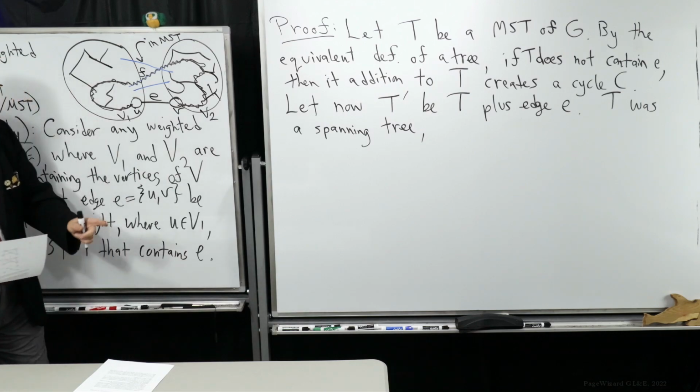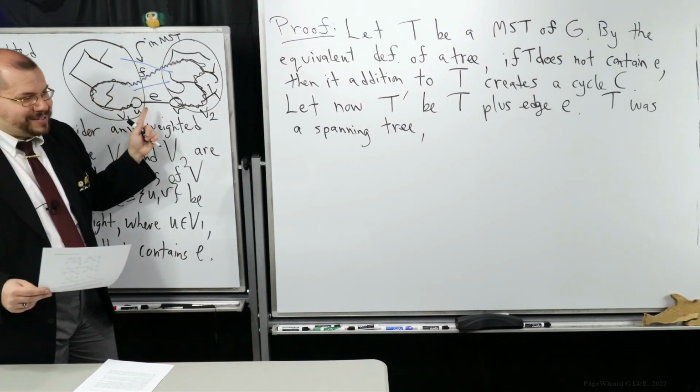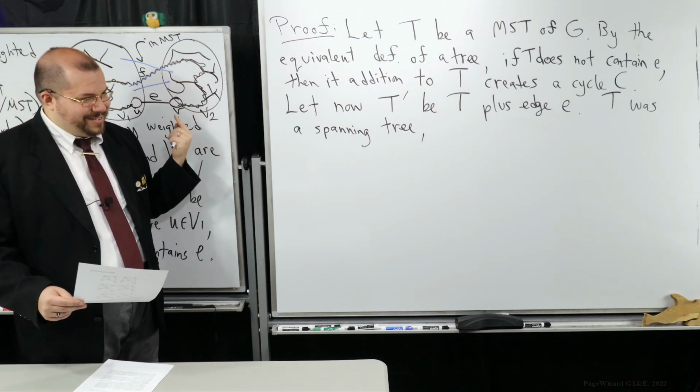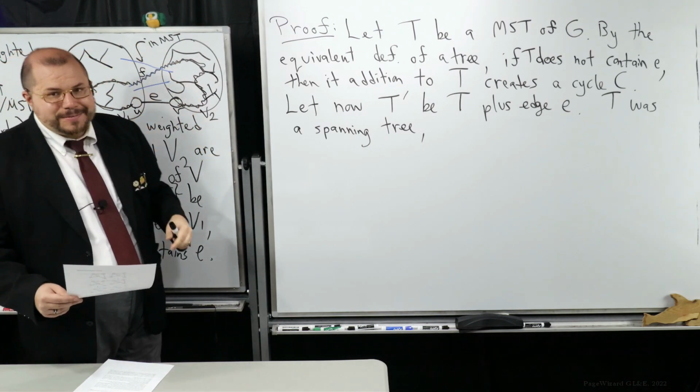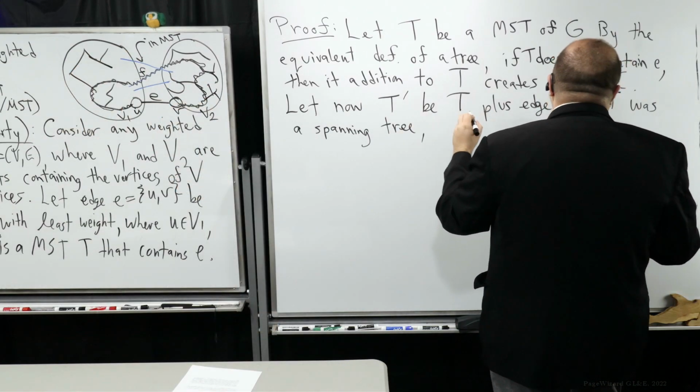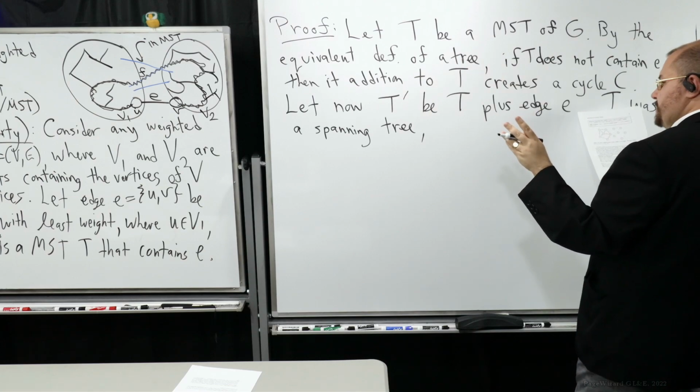The big thing you need to remember is that edge E has least weight across this cut. All these are cut edges, right? So let's talk about this. T was a spanning tree, right?